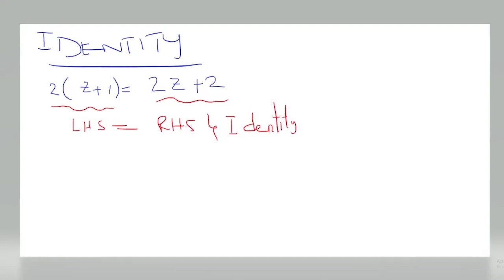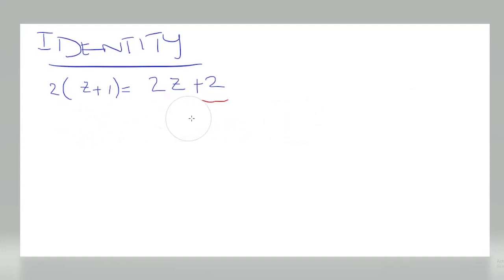Then how can we prove this? This can be proved by giving a letter a number, then you can prove. That's the first method. Or you can use other methods of proving it, but basically I'm just giving you this.